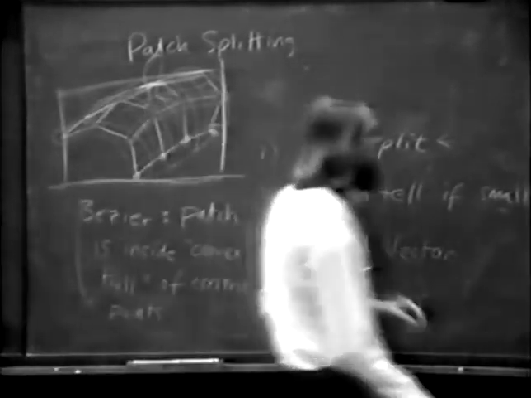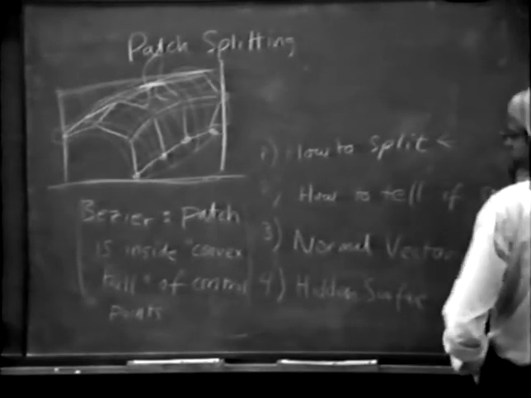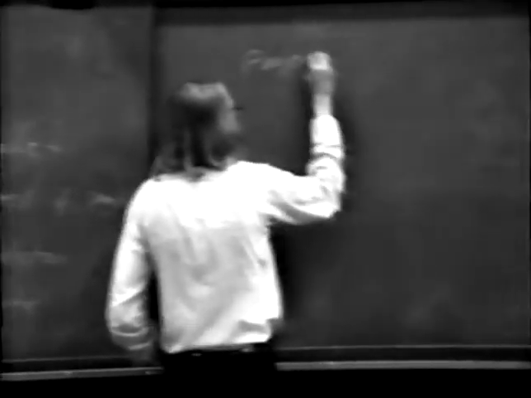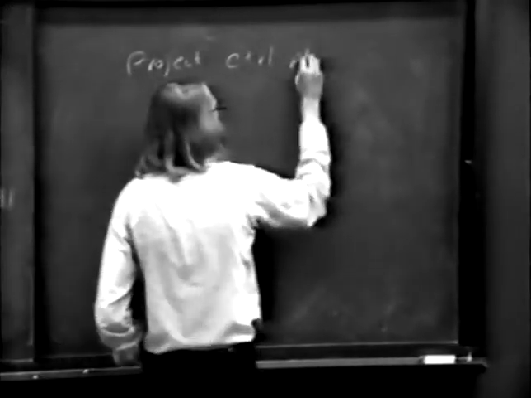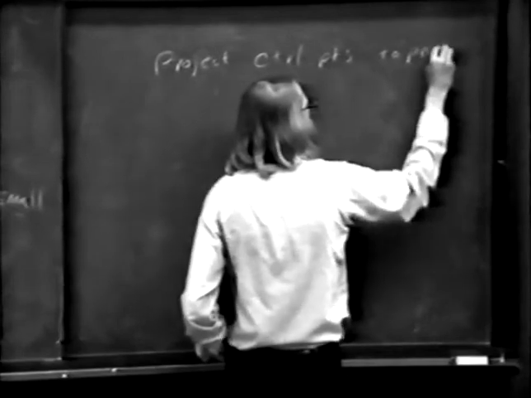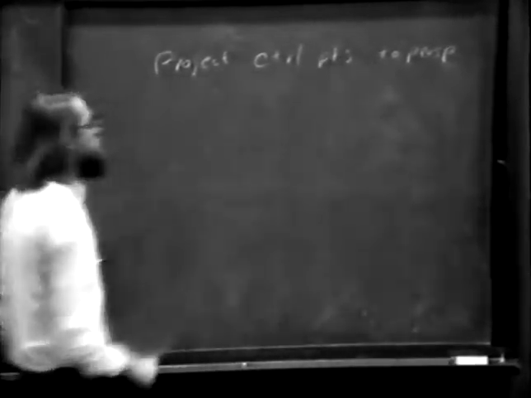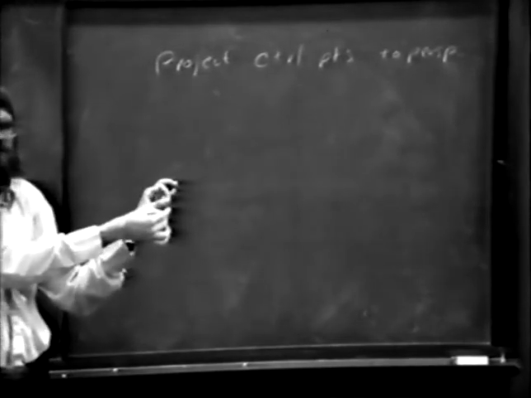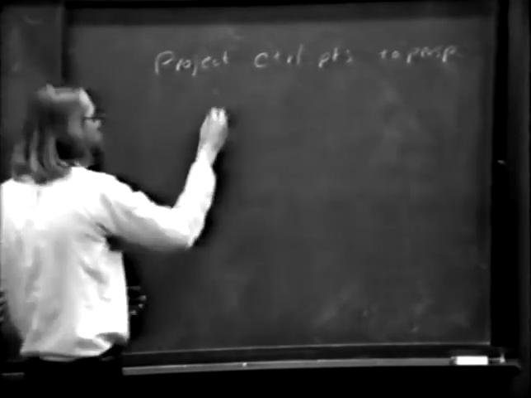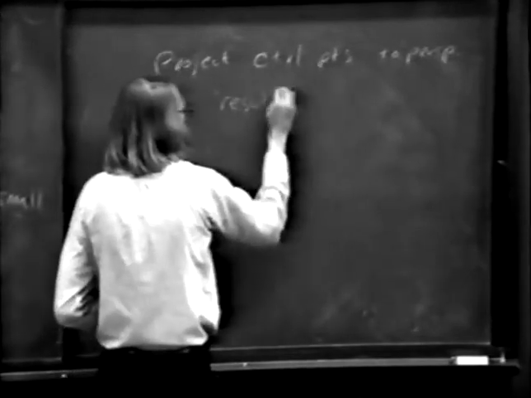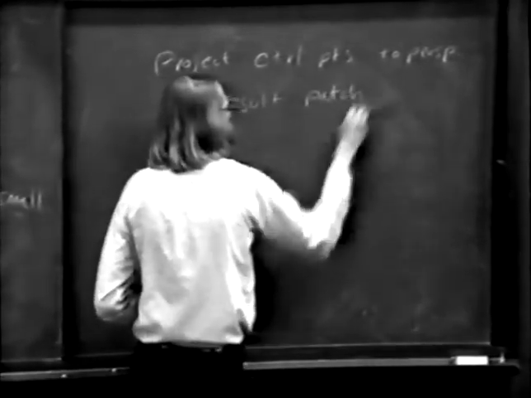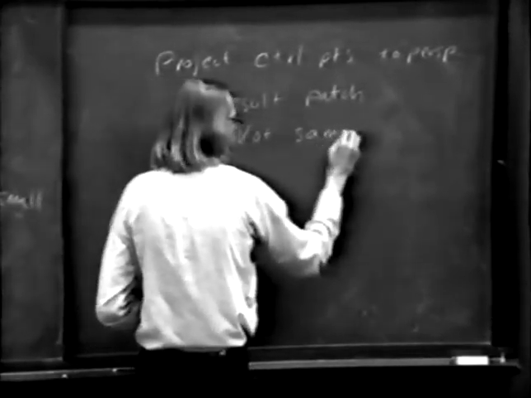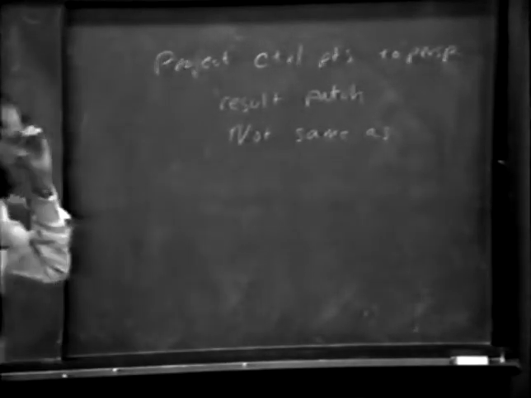Now the problem with that is that if you take the control points and you project each of those 16 points into perspective space through a homogeneous perspective transformation and make a patch out of that, you won't get exactly the right patch.